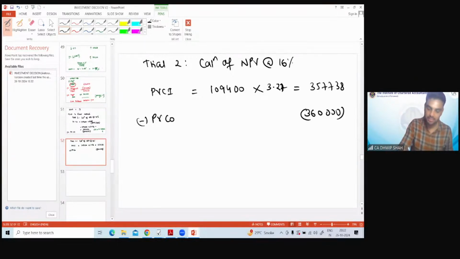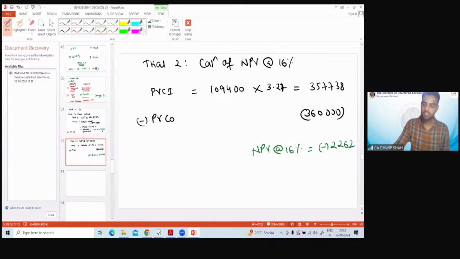So can I say at 16% NPV comes to negative 2,262. Any queries still here? So now it is sure that IRR is somewhere between 14 and 16, because at 14 it was on the positive side, but if we take 16 now it goes to the negative side. So IRR lies between 14 and 16. Now it is sure.